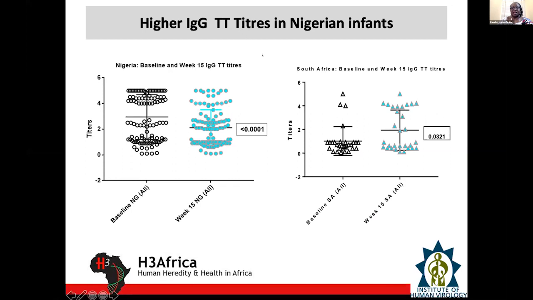These were significantly higher than in infants in South Africa.